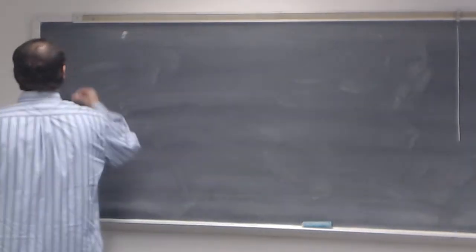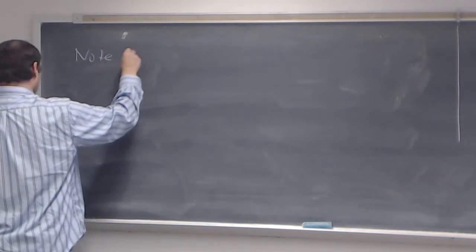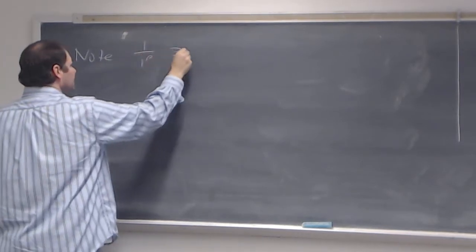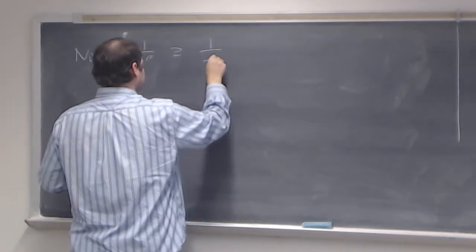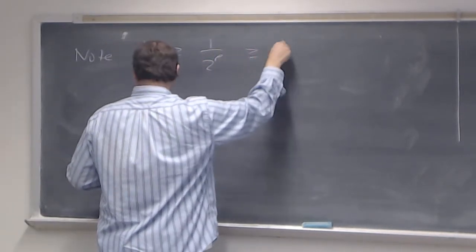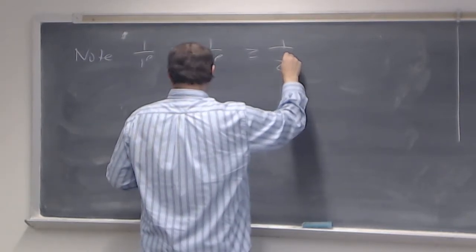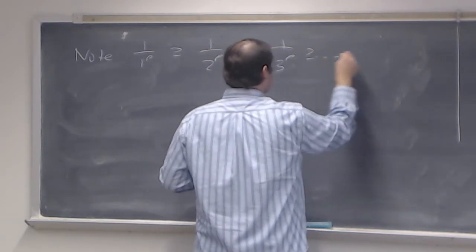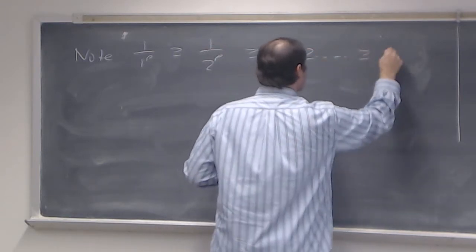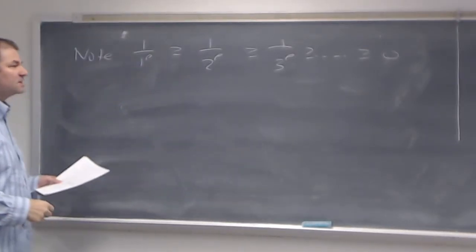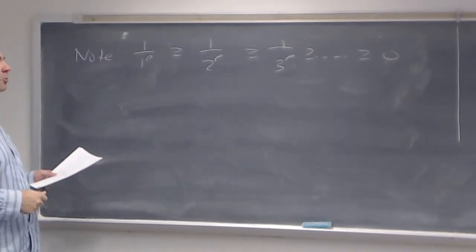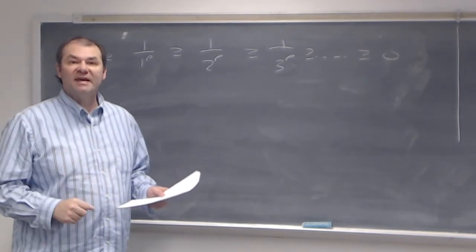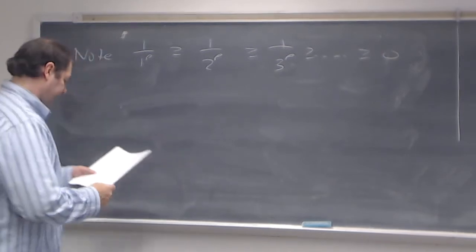We note for that sequence that 1 over 1 to the p is less than or equal to 1 over 2 to the p, which is less than or equal to 1 over 3 to the p, and so on, and all of these terms are greater than or equal to 0. This puts us in the position where we can apply that theorem due to Cauchy that we proved at the end of lecture 20.